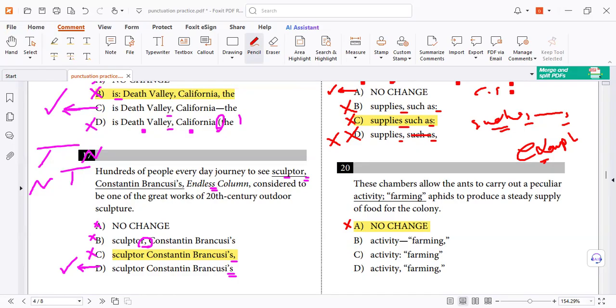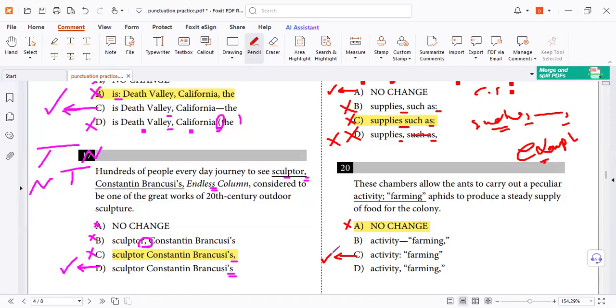Letter D. Yes. I'd like you to be sure. Let's prove together why C is correct.